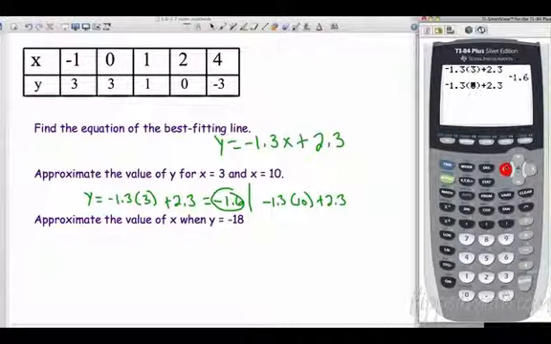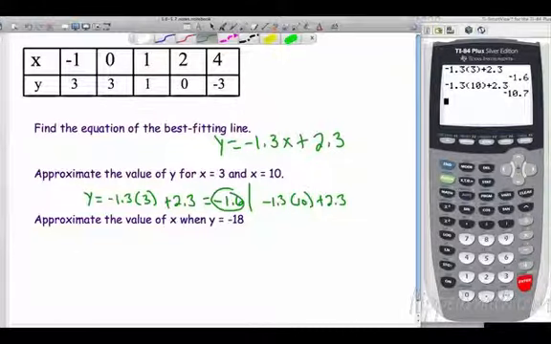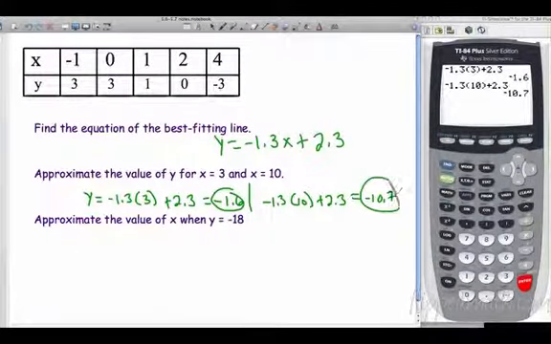So I'm going to put a 10 here. You need to insert a little bit of room. If you don't like that way, you can put it in the old way too. That's fine. And so our answer would be negative 10.7.